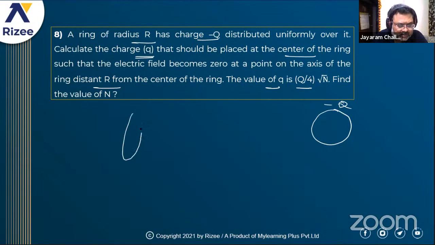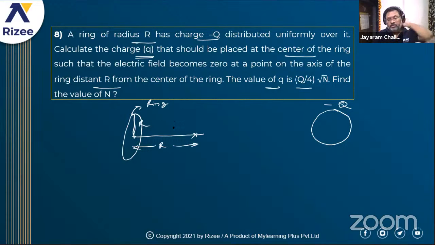Suppose I consider this to be a ring, and this is the axis which is passing through the ring at a particular distance, which is your radius, and this is also your radius. Now at this particular instant, what is happening at the center?